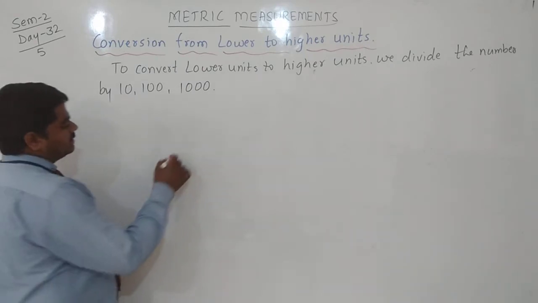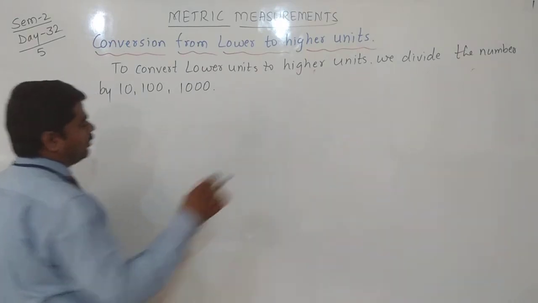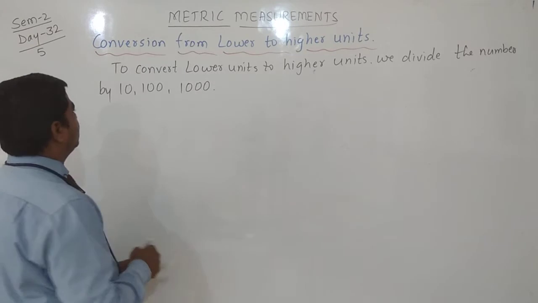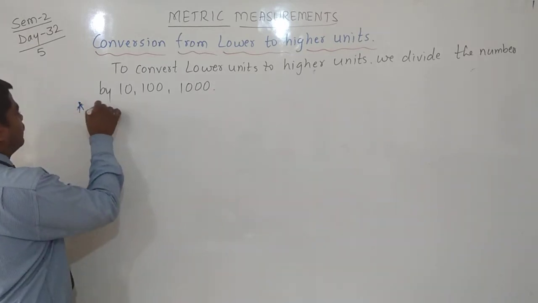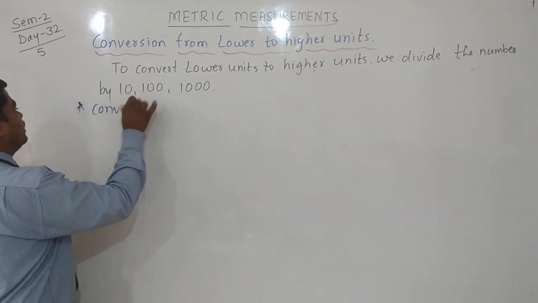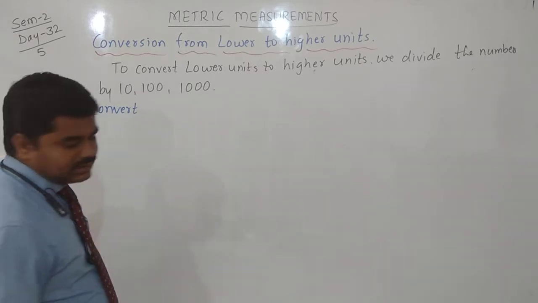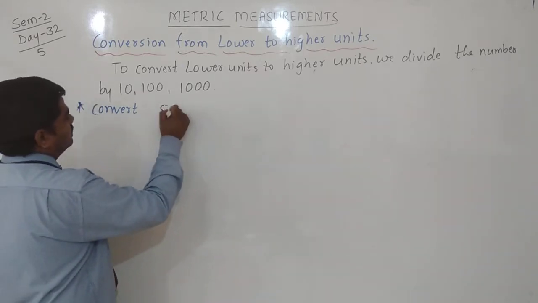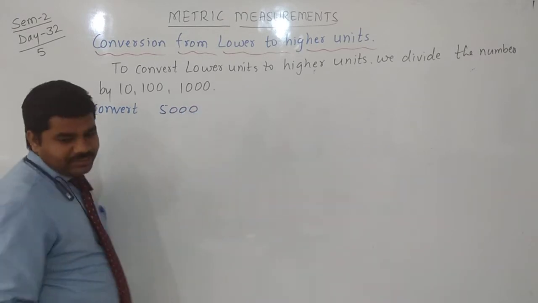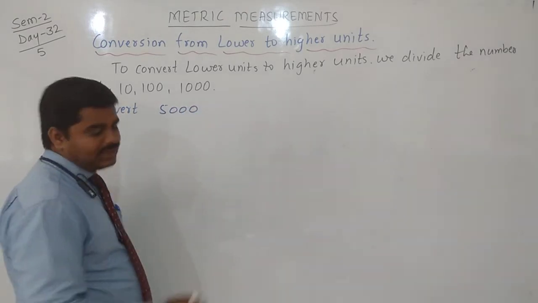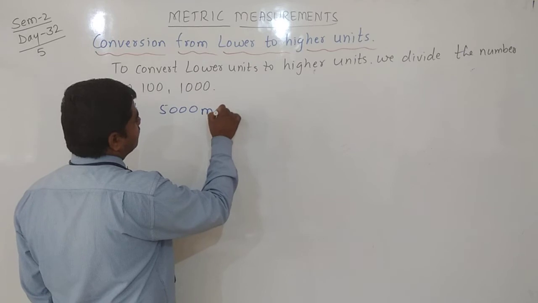We know the same example. Convert a smaller unit to the higher unit, that is 5000 millimeter to meter.